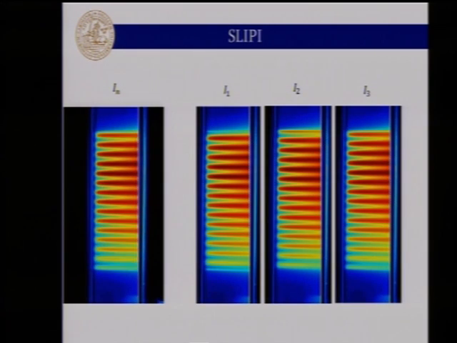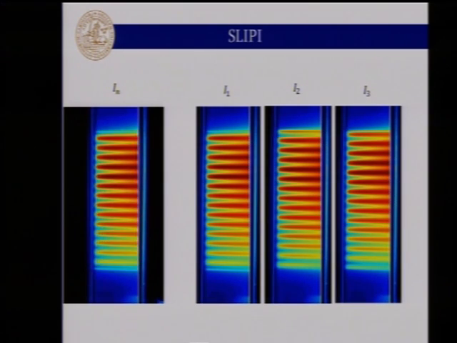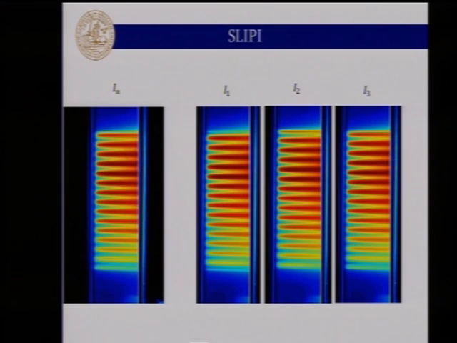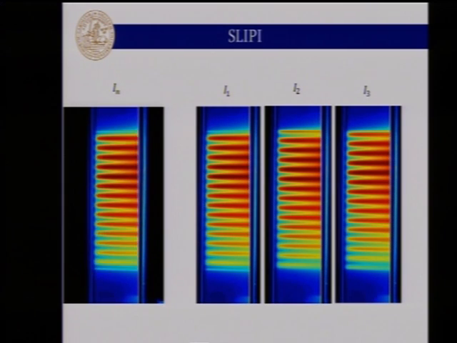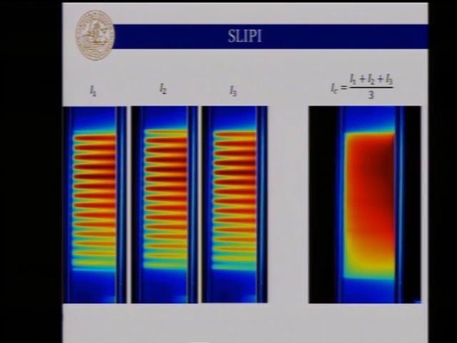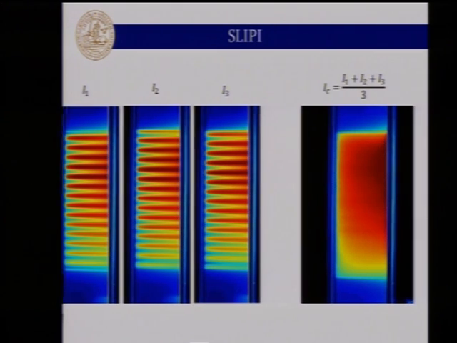So this is a cuvette with scattering particles. We move the lines. We record 3 images where we have a shift of the line, 1/3 of the spatial period. If you just sum them up and make an average, you will get the conventional component, which is similar to sending a homogeneous light sheet, so no improvement there.